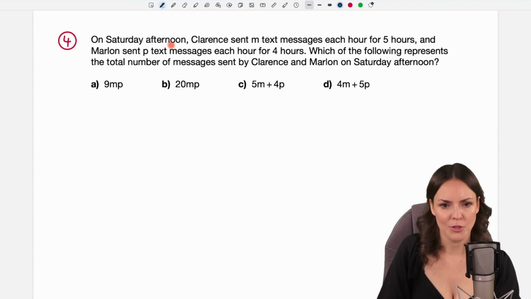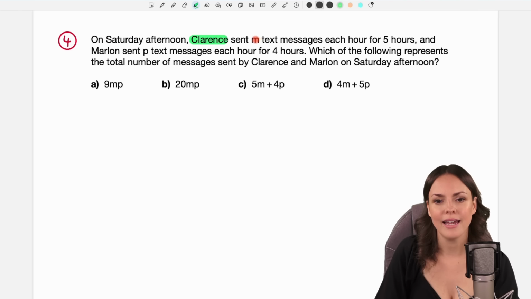On Saturday afternoon, Clarence sent M text messages each hour for 5 hours. And Malin sent P text messages each hour for 4 hours. Which of the following represents the total number of messages sent by Clarence and Malin on Saturday afternoon?